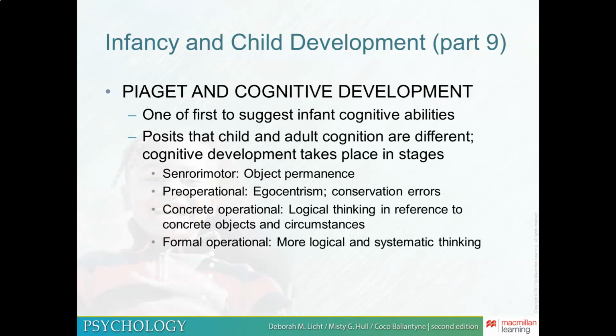Okay, in regard to development, there are a couple of developmental theorists that are important. One of these is Piaget, and he proposed that cognitive development has different phases, and that cognition is different in younger children than it is in adults.